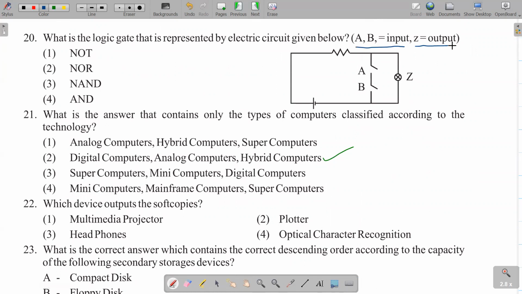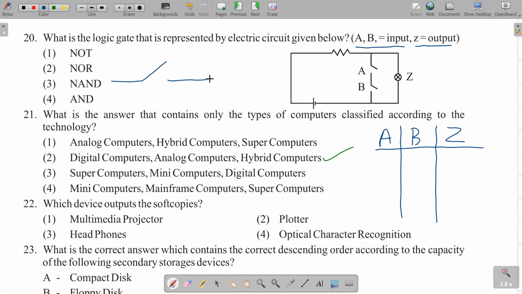In this kind of situation, if you cannot figure out the thing, you just try to figure out the truth table of this thing. So A and B are the inputs, Z is going to be the output, right? Now it's better if they mention the state of A and the state of B. Generally, if a switch is in the open position, this represents a 0.